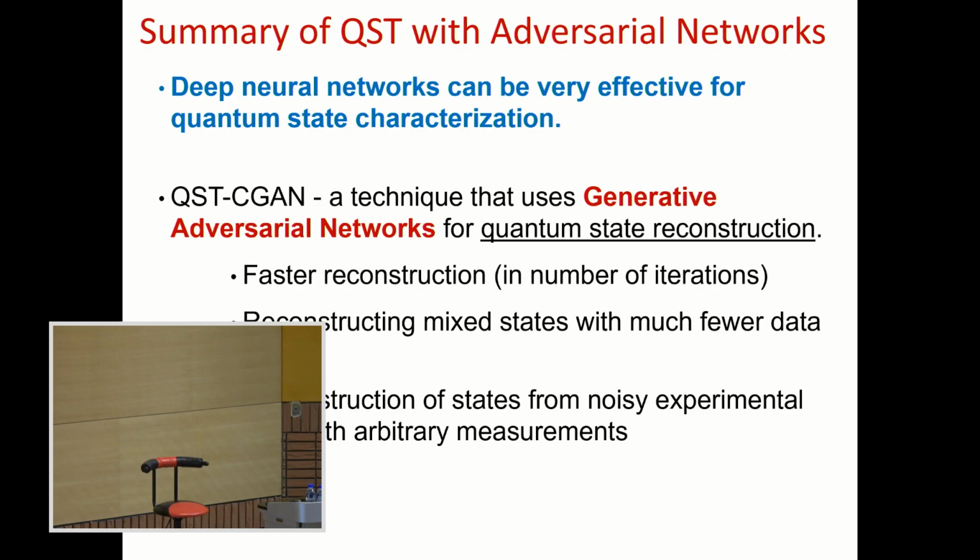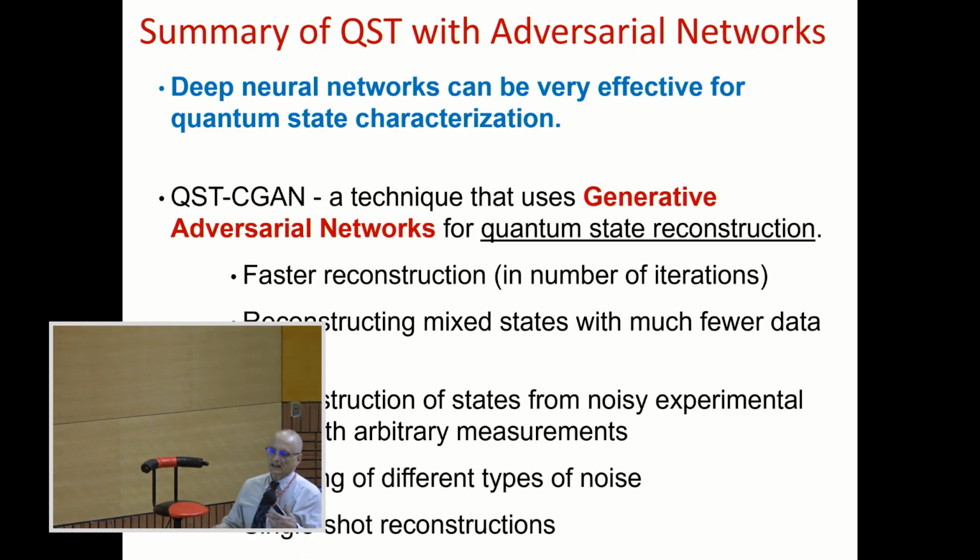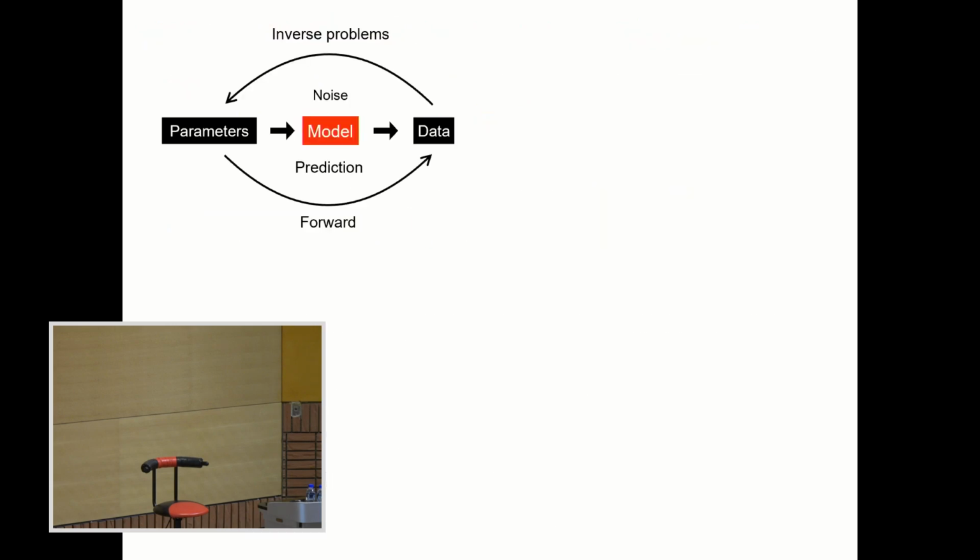So you need to train the data to allow all kinds of errors. So it took some time to do this properly. And it can handle different kinds of noise because it was trained for different kinds of noise. And can also do, in some cases, single-shot reconstructions.